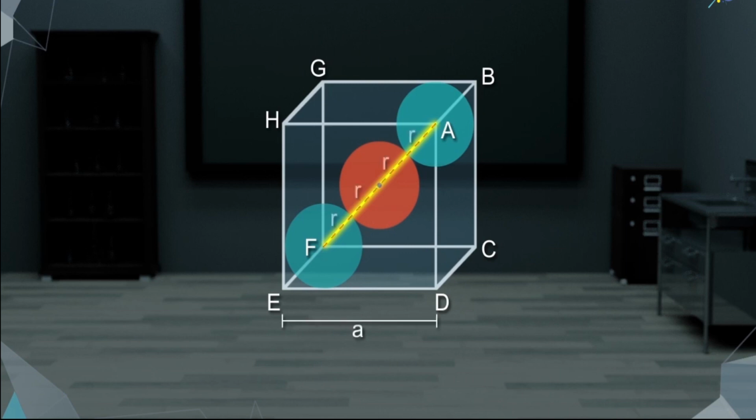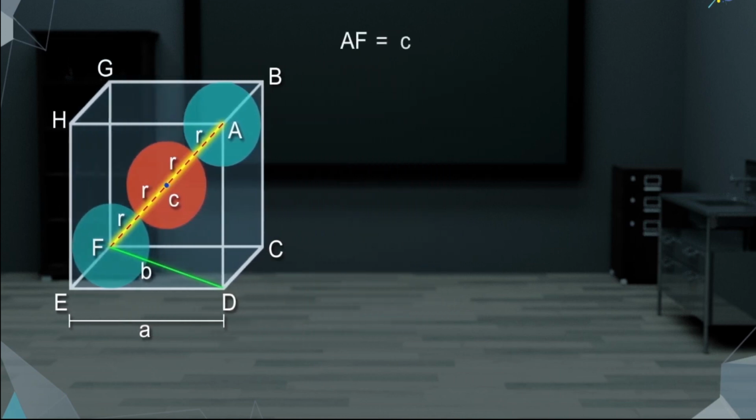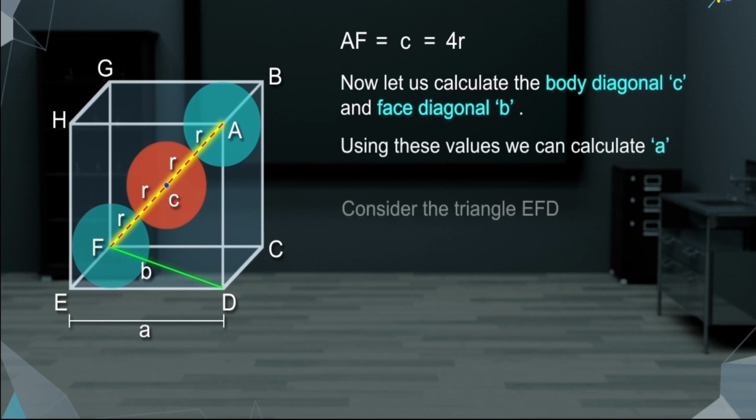Let A be the edge length of the cube and R the radius of the sphere. Body diagonal AF is equal to C and face diagonal FD is equal to B. Now AF is equal to C, which is equal to 4R. Now let us calculate the body diagonal C and face diagonal B. Using these values, we can calculate A.